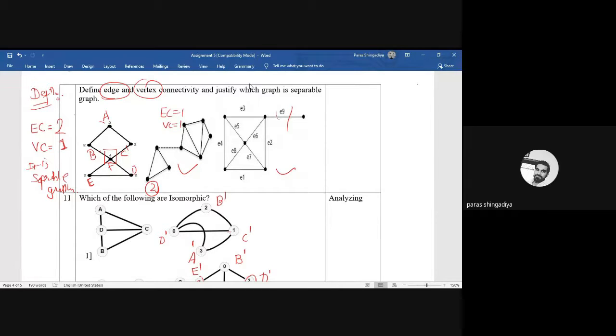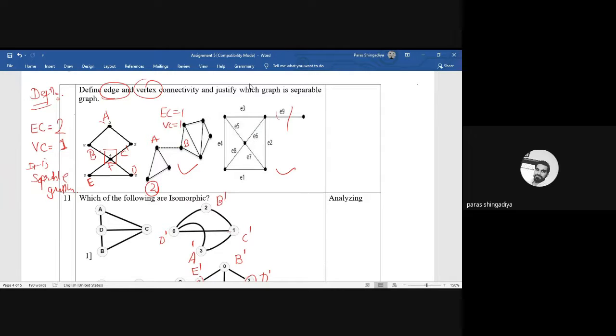Just delete single edge. एक ही edge आपको delete करनी है to make this graph disconnected. That is in between this vertex A and B. Just delete the edge between A and B, and this graph will be in 2 partitions. Just delete this one. So only a single edge is required to make graph disconnected.